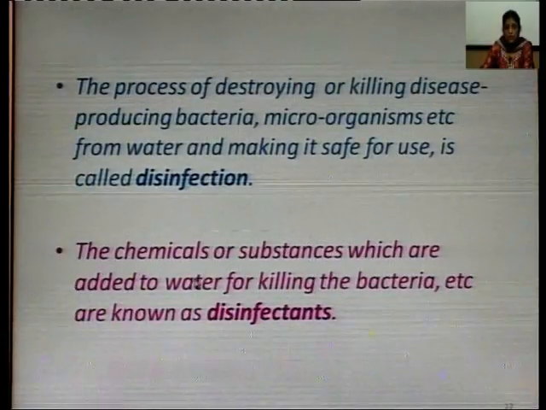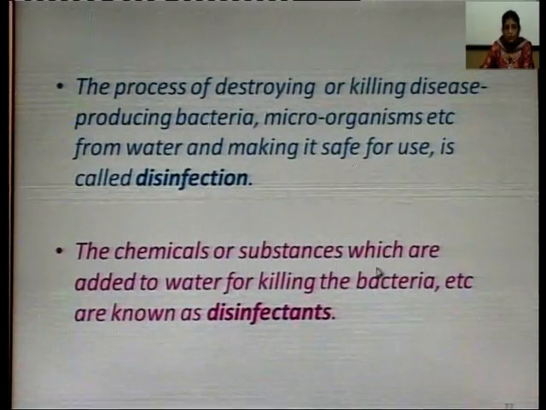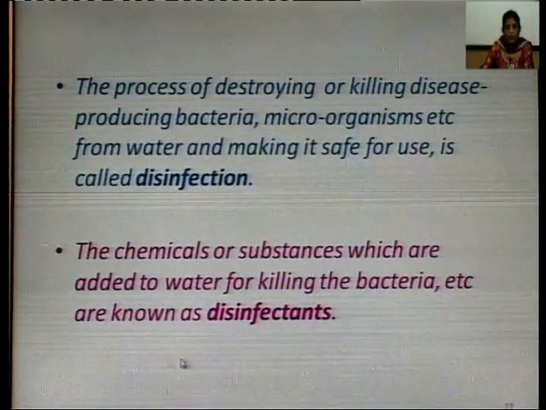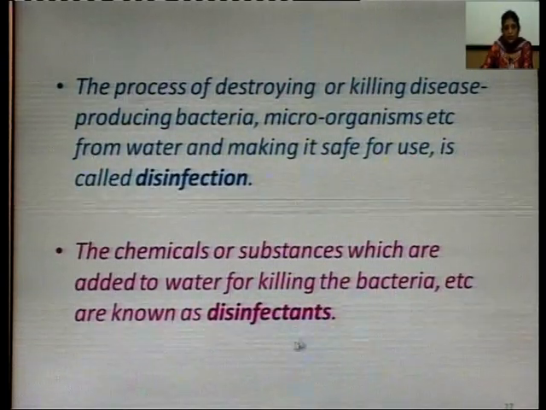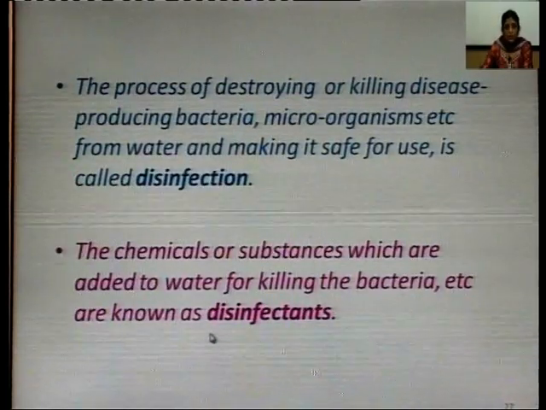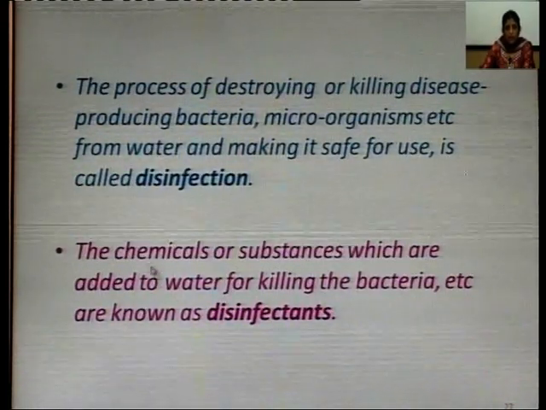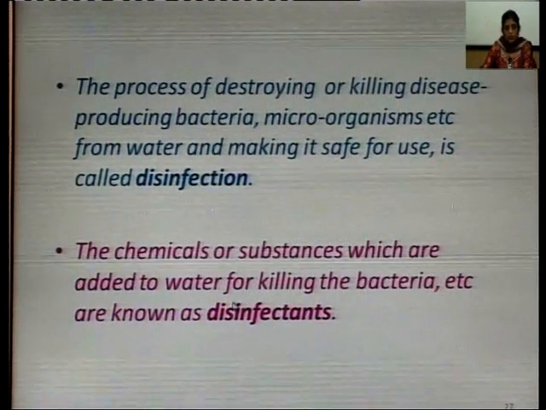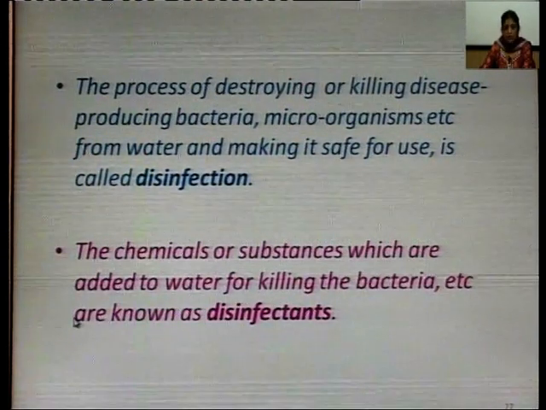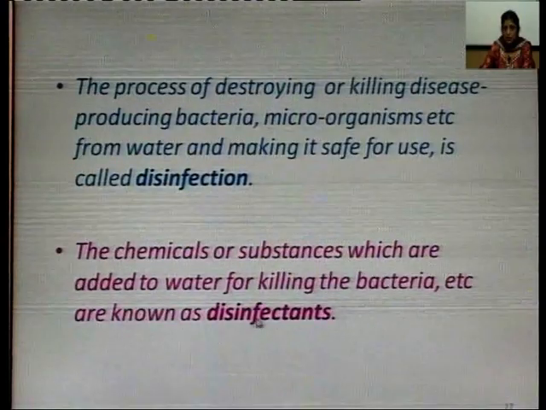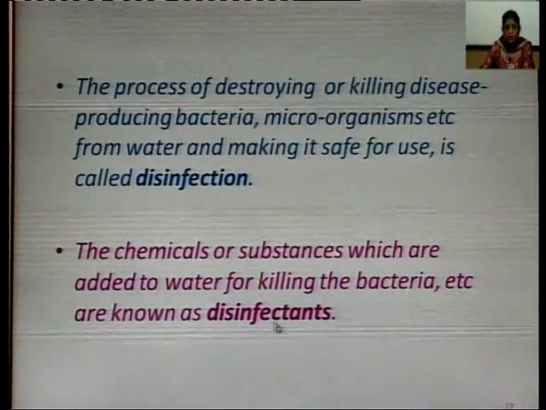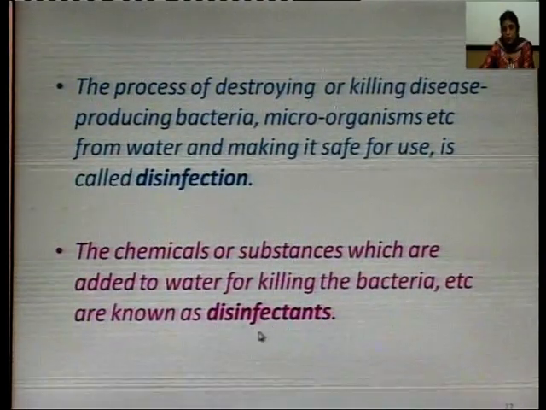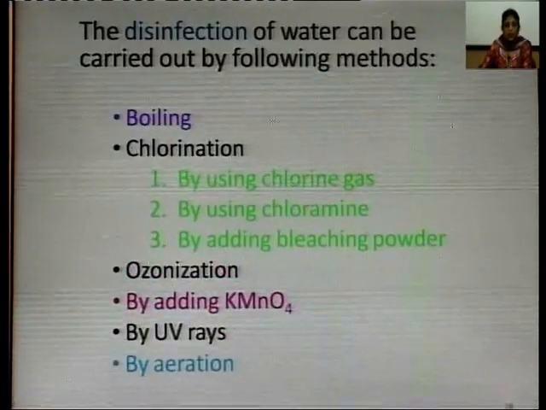The chemicals or substances which are added to water for killing bacteria are known as disinfectants. So, what are disinfectants? The chemicals which are added to water for killing bacteria, microorganisms, etc. We will study how we can sterilize water with the help of different disinfectants.